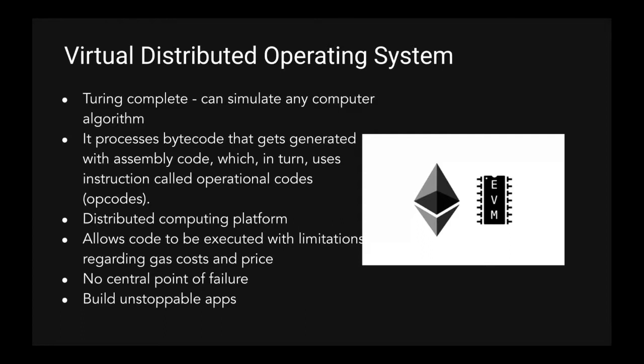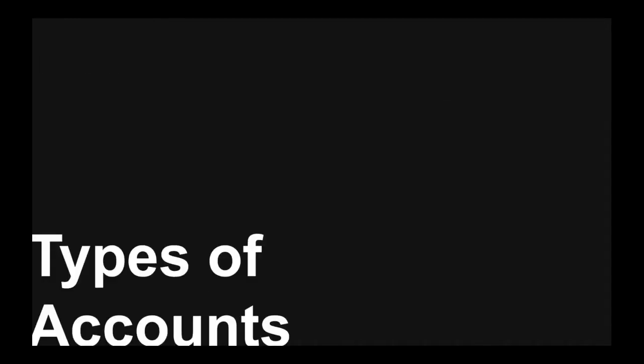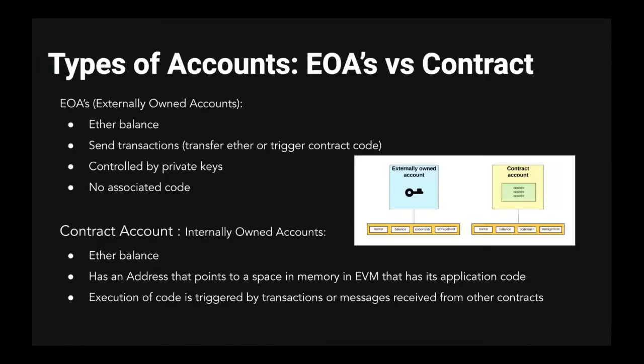So the EVM is a state machine. It processes bytecode that gets generated with assembly code, which in turn uses instructions called operation codes, or opcodes. It allows code to be executed with the limitations of gas costs and gas price. So you can see over here, there are two main types of accounts in Ethereum.